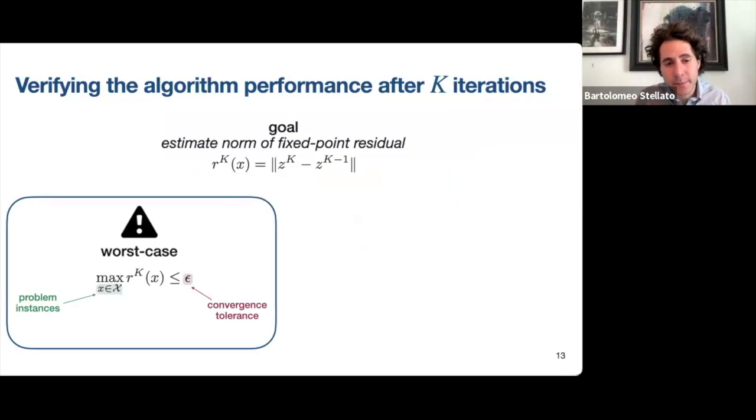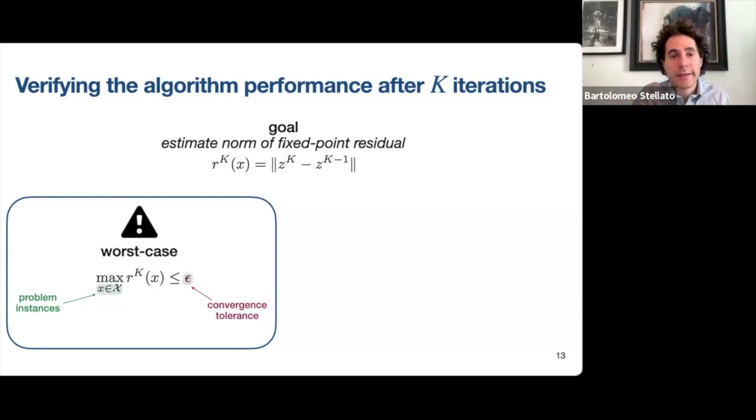This is a worst case approach. If we can solve this problem of maximizing Rk, and the worst case value is less than epsilon, then it means that my algorithm will always return solutions of tolerance less than a given epsilon that I'm happy with, for example, 10 to the minus 3.